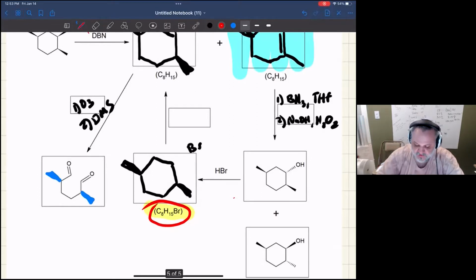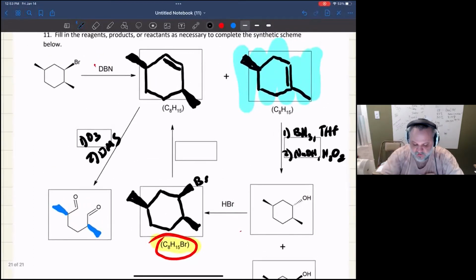I assume that must have happened SN2, so I want to make sure that I show the correct stereochemistry. I want to show that the bromine is now facing the other direction.